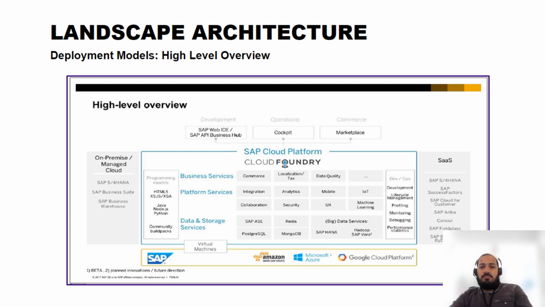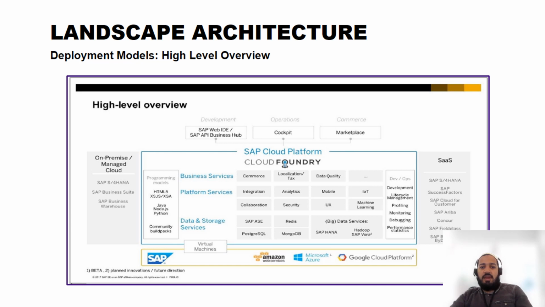And then there are deployment related SAP web APIs to use for deployment purposes, and the underlying virtual machines, whether it is AWS or Azure or Google Cloud Platform. So it is based on those virtual machines.